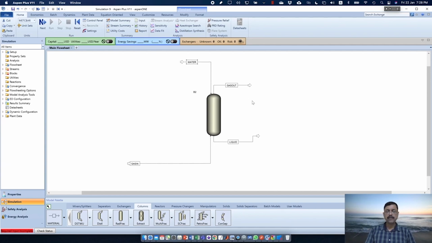There is no hard and fast rule that you have to do it in this manner, but these cosmetic changes will make the simulation look better.